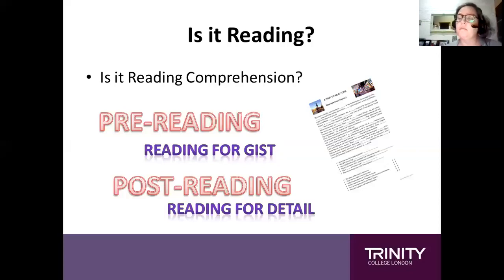And of course, once they do read the text, there is this post-reading instance in which students are expected to read for detail. But it's not only that they have to do. They must also be given the opportunity to respond personally to what they have read.